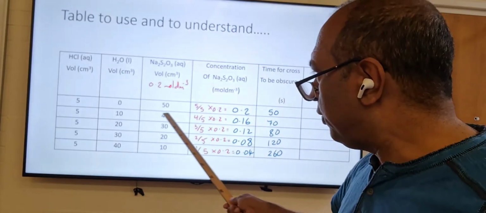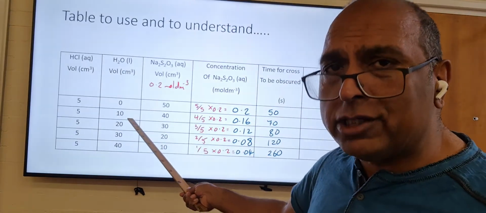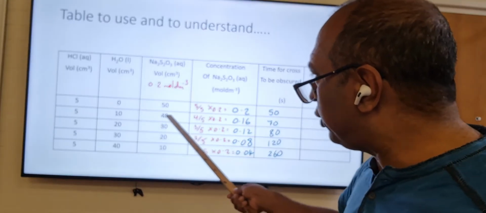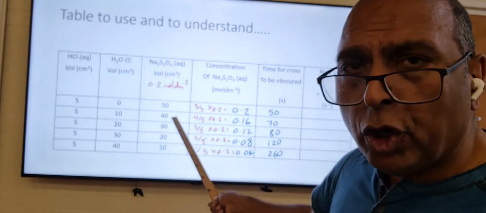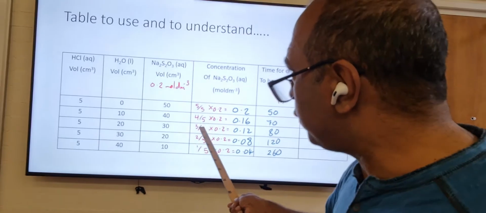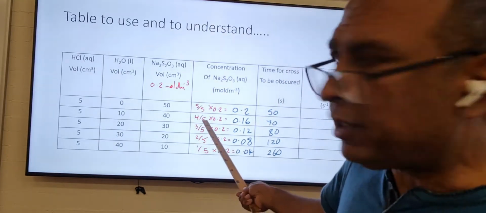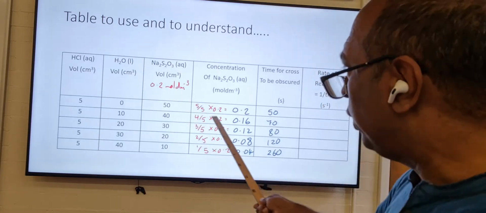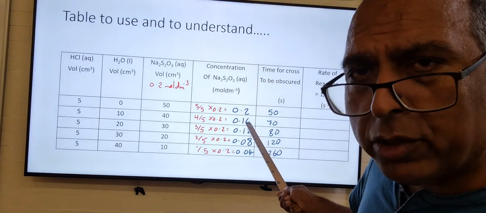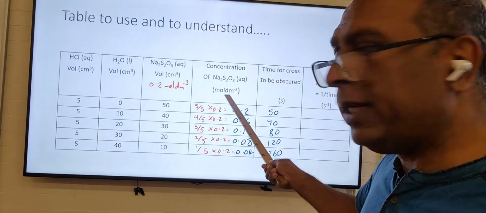Experiment 2 had 10 of water diluting it. So the concentration of thiosulfate was 4/5. 1/5 was water, 4/5 of the concentration we started with. We started with 0.2, so 4/5 of 0.2 is 0.16 mole per litre.